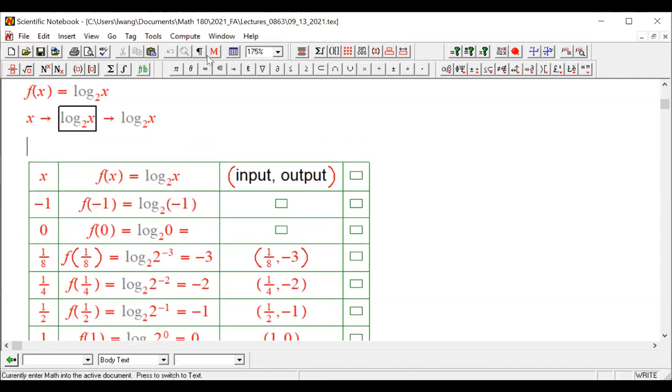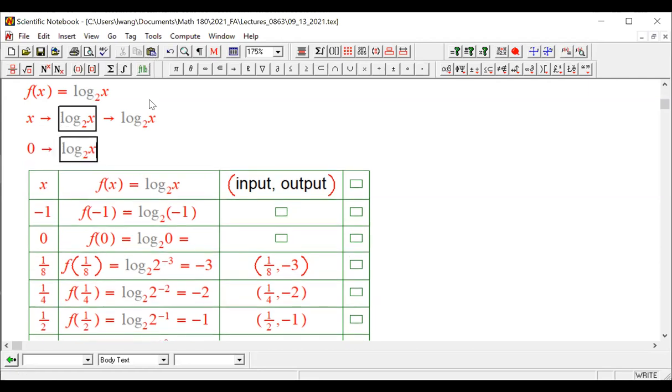When the input is 0, what happens? What will be the output? What is that unique output that we should expect?